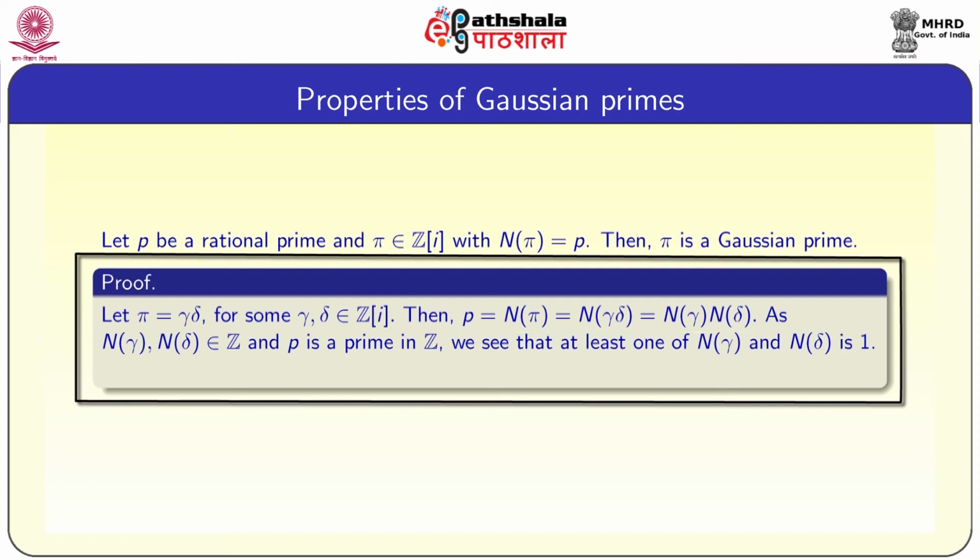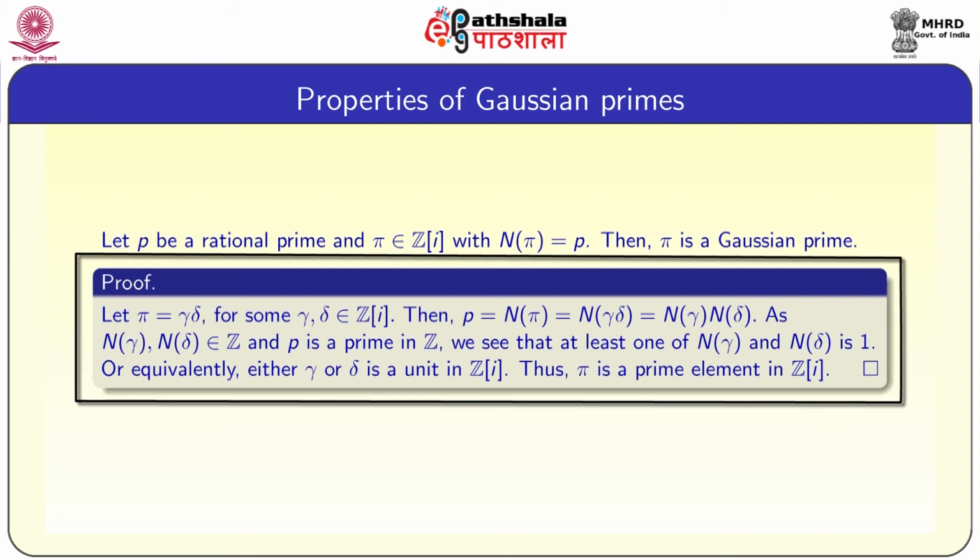As norm of gamma and norm of delta belong to Z and p is a prime in Z, at least one of norm of gamma or norm of delta is 1, or equivalently gamma or delta is a unit in Z[i]. That means if you write prime pi as gamma into delta, then one of them is a unit. So, that is saying that pi is a prime element in Z[i].